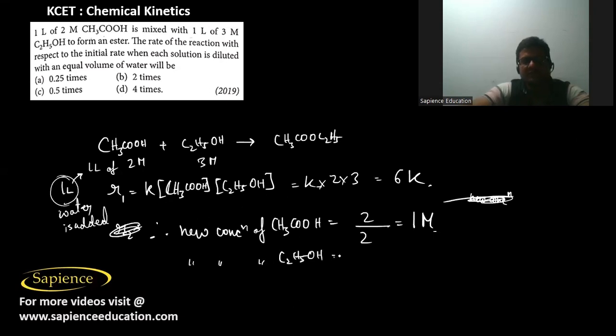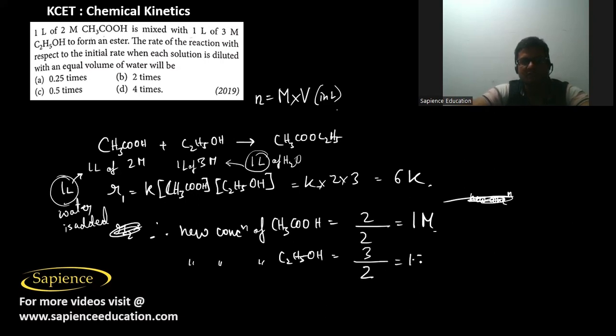Similarly, the new concentration of C2H5OH: since we know that the number of moles is molarity times the volume in liters, here 3 moles of C2H5OH is used, and an equal volume of water is added. So 1 liter of water is added again to this, so the total volume is 2 liters.